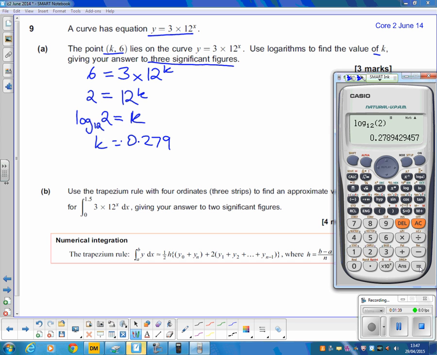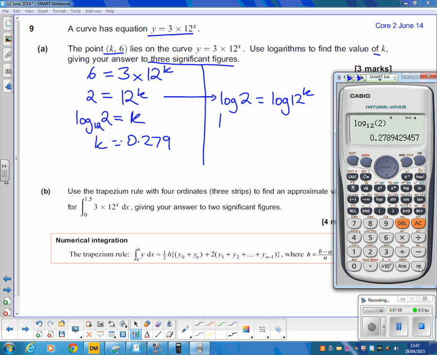There is an alternative if you want to do logs of both sides. Going from this stage, you have the same start. What you can do is just use any log, like log to base 10, and take logs of both sides.